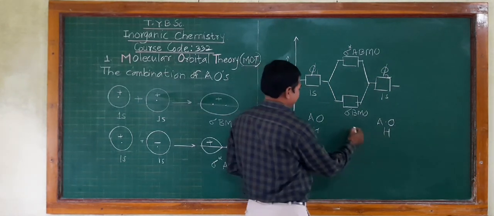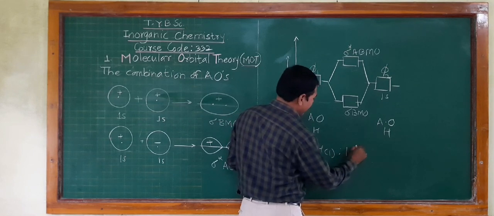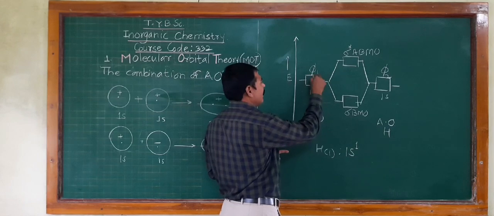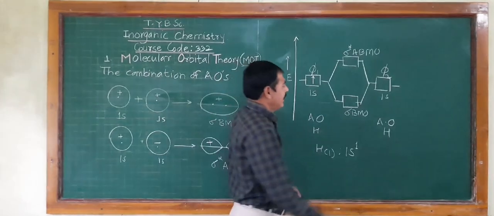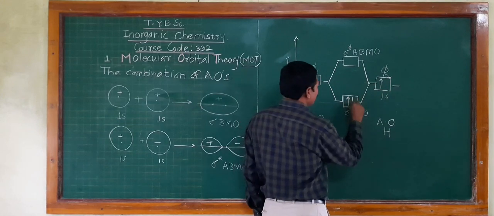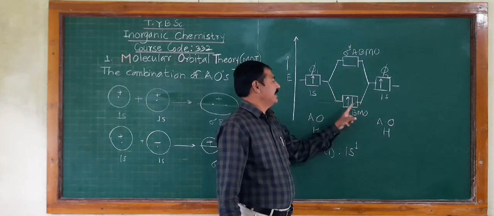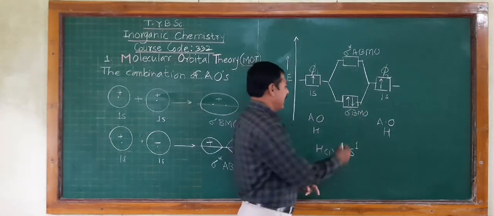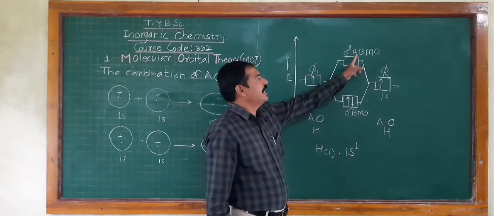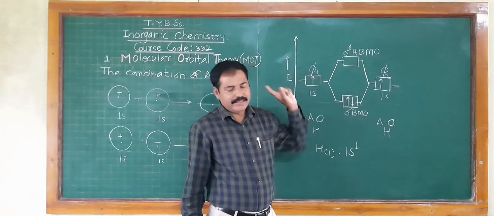The hydrogen atom has the electron configuration 1s1, so one electron is filled here and the other electron from the other hydrogen goes in the same place. These combine to give two electrons in the bonding molecular orbital, and the anti-bonding molecular orbital is vacant in the formation of the hydrogen molecule.